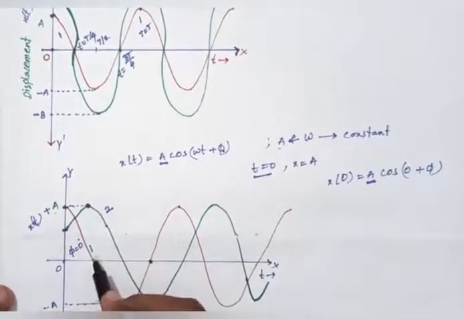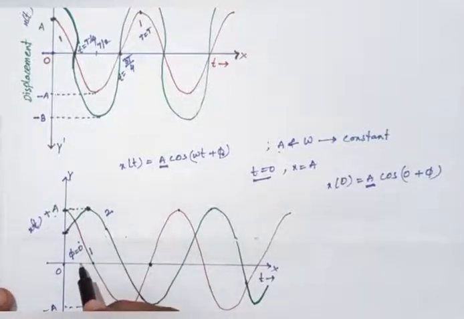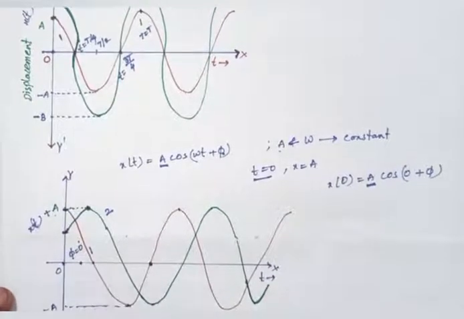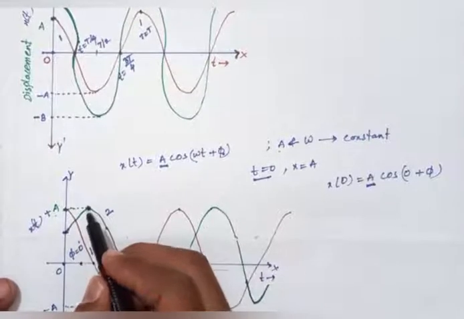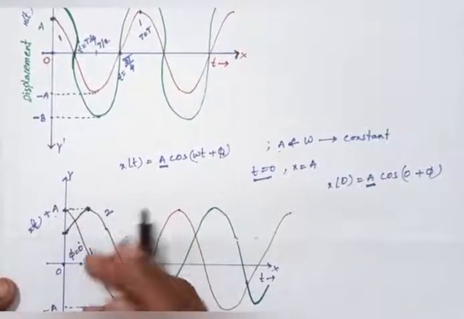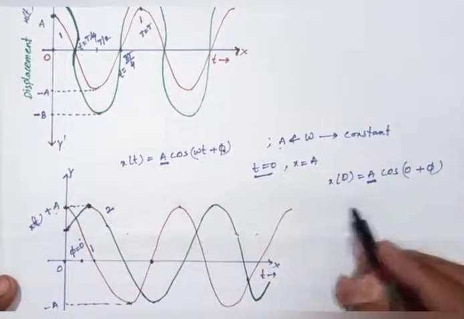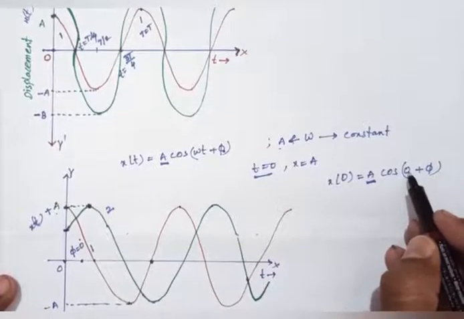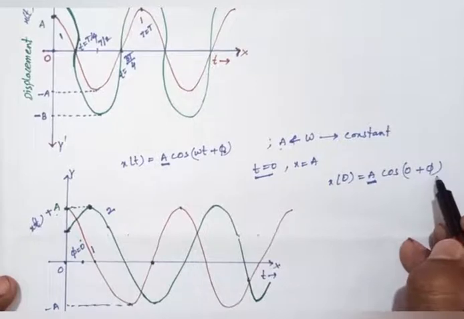So here it does not coincide. It coincides at the middle point, between pi by 2 and pi by 4. At pi by 4 it is maximum, so it remains less than pi by 2. So what is the value we have taken here? 0 plus or minus pi by 4, so it is minus pi by 4.